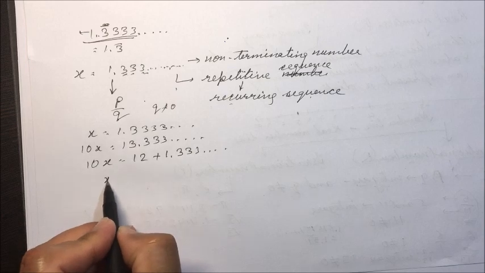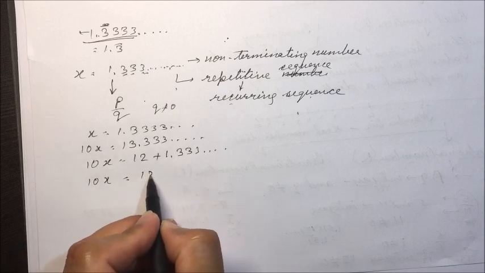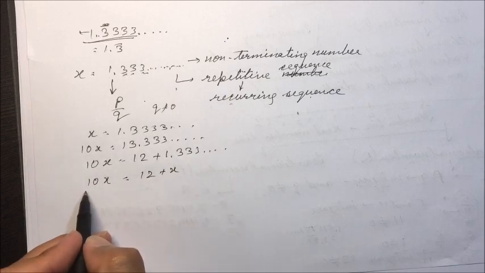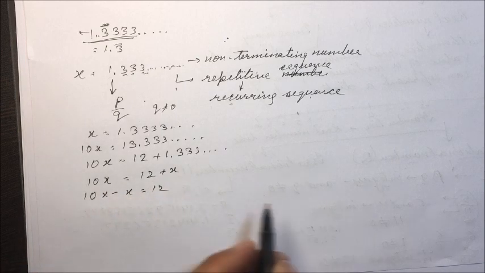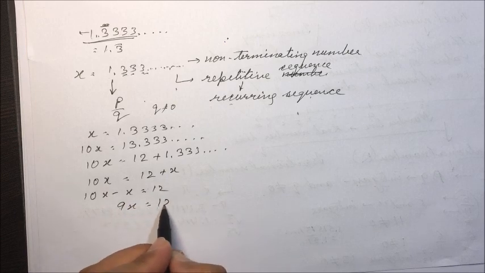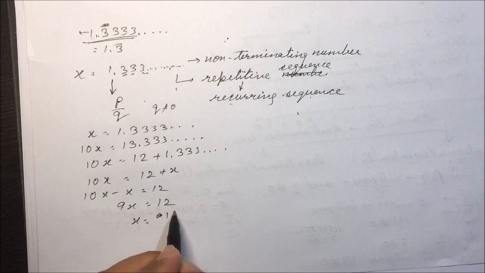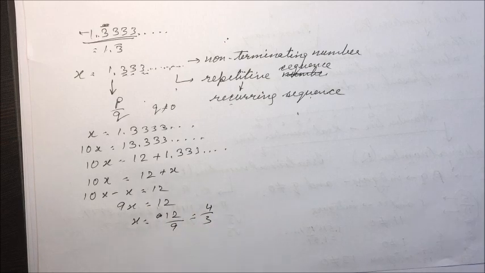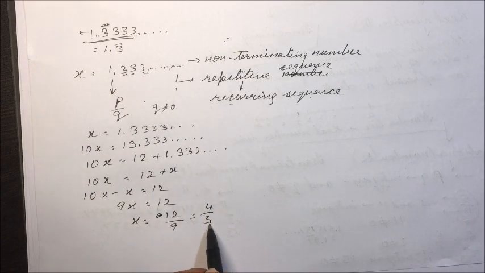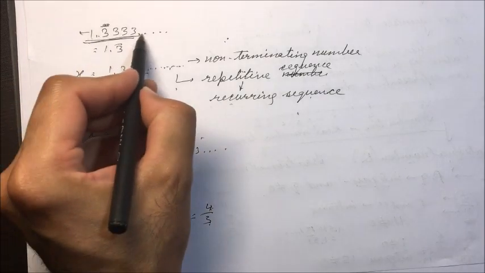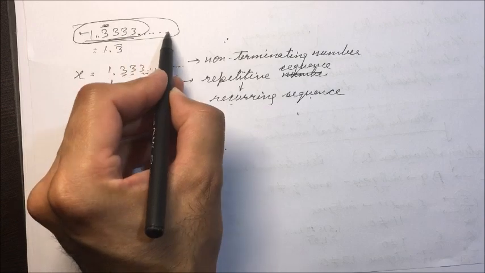So 10x equal to 12 plus x, or we take x on this side, 10x minus x equal to 12. 9x equal to 12, x equal to 12 upon 9, and if we simplify that, it will be 4 upon 3. So this number can be represented as 4 by 3, where 4 and 3 are integers and 3 not equal to 0. Therefore we can say this is a rational number.